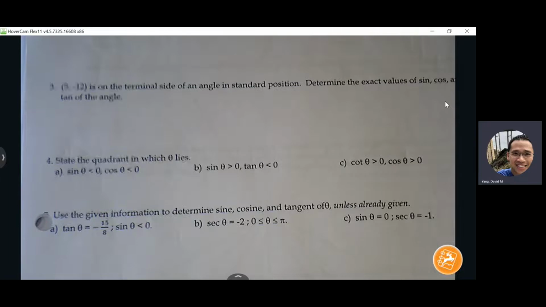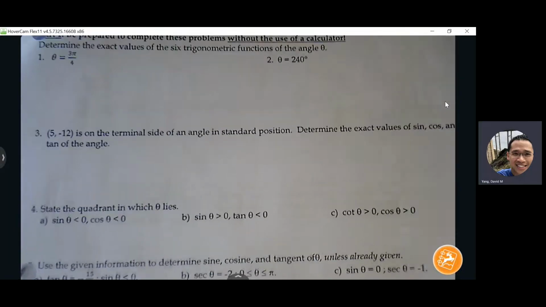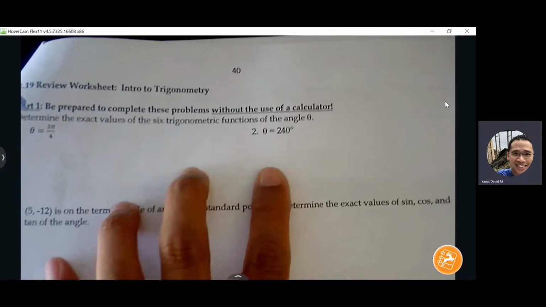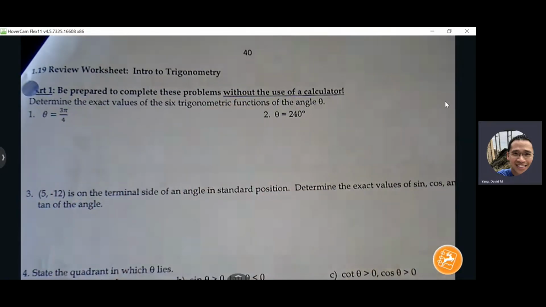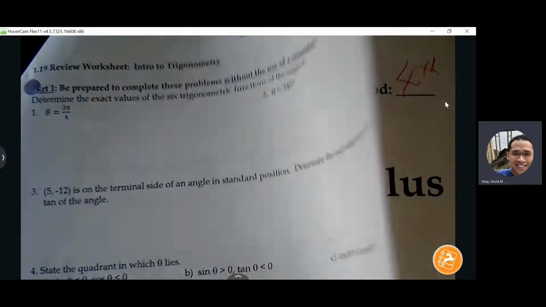So I'll get to that after a little bit. But page 40 is the non-calculator section, which is pretty much what you did on the quiz yesterday, right? So nothing new there. Let's spend time first on page 41, which is the calculator stuff.